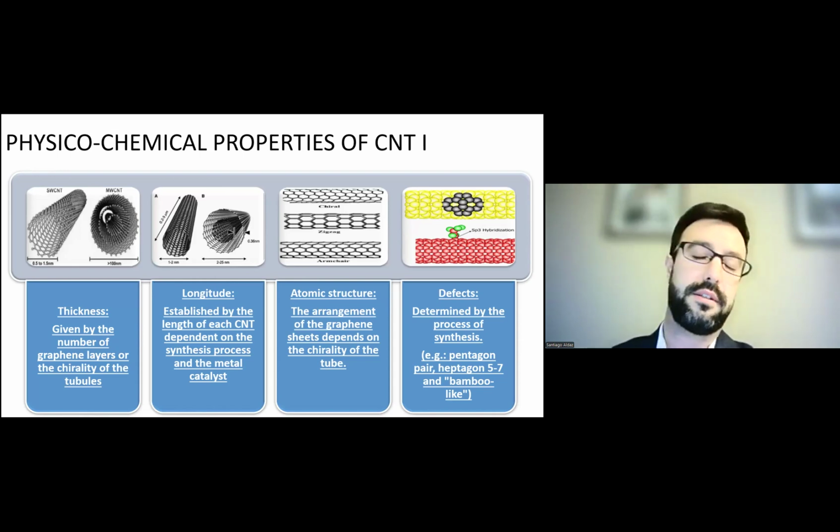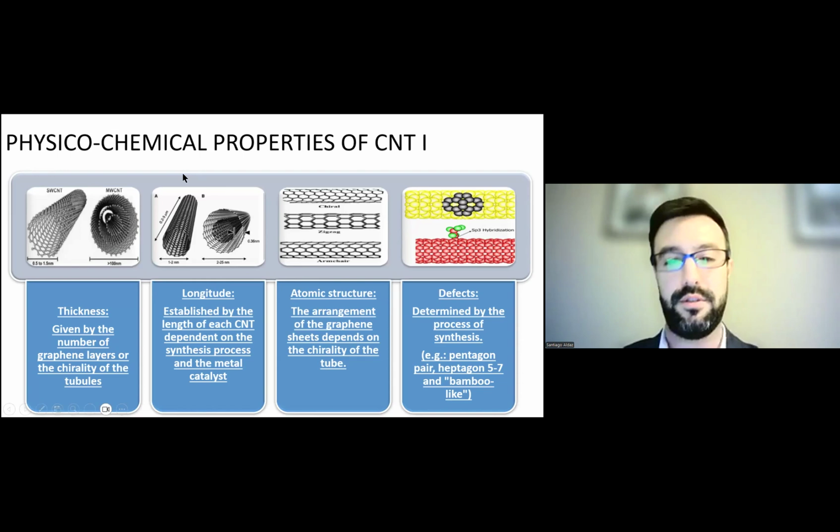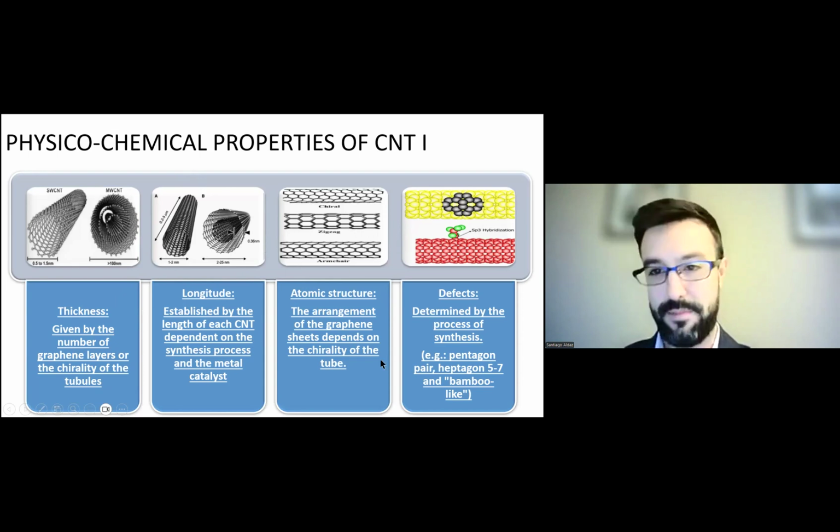In the case of carbon nanotubes, we can talk about the thickness, which is given by the number of graphene layers or the clarity of the tubules; the longitude, which is established by the length of each CNT, dependent on the synthesis process and the metal catalyst. Then we have structure, which is caused by the arrangement of the graphene sheets and depends on the chirality of the tube.